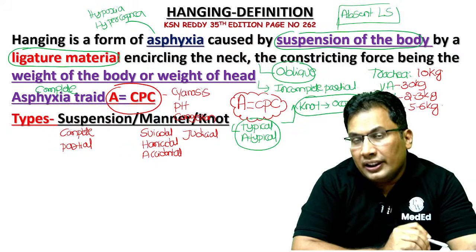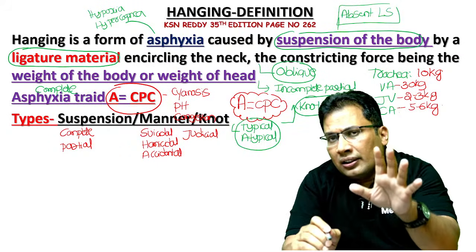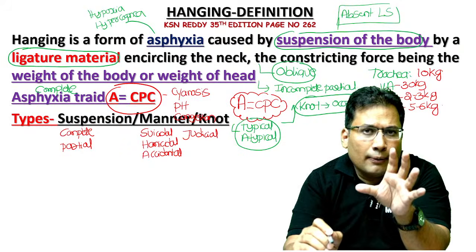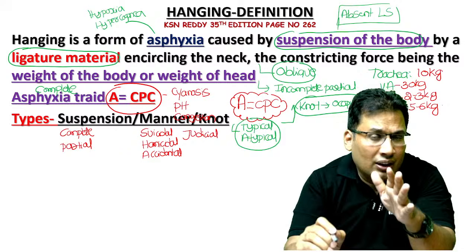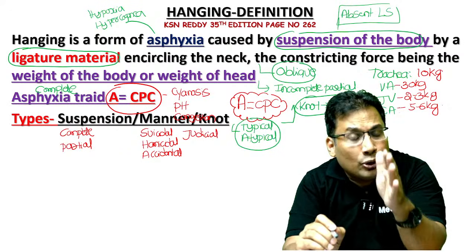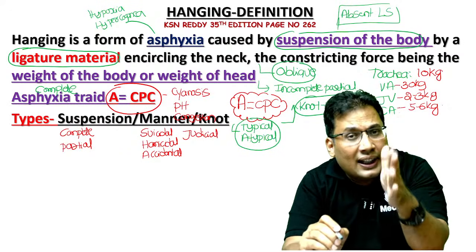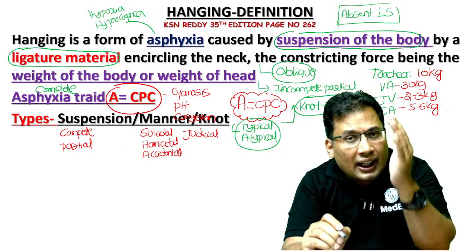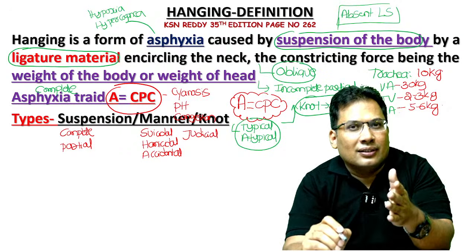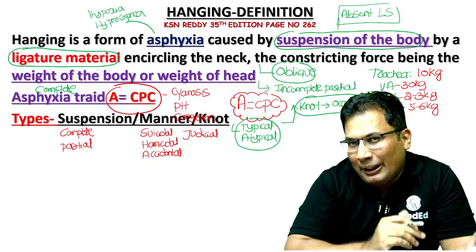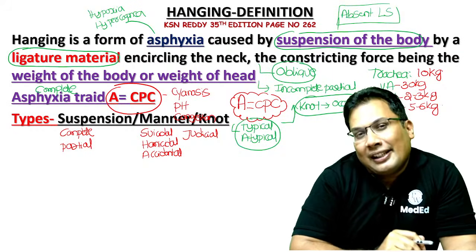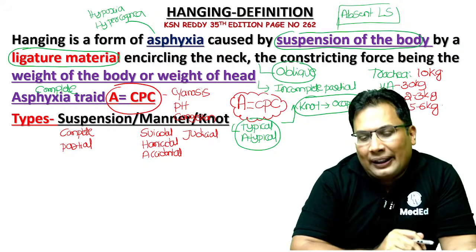In case of judicial hanging, the position of knot is below the chin, submental position. Viva question, MCQ in your exam, university exam. What is the site of knot in case of judicial hanging? Your answer must be chin, below the midline, that is chin, submental position, below the mentum, submental.